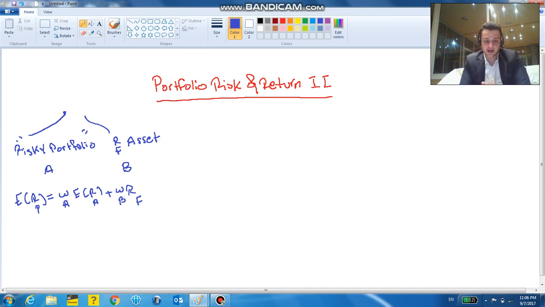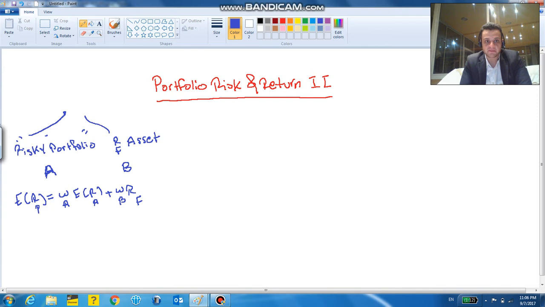For now, we're just assuming that each and every one of us has an optimal risky portfolio, let's call it A, and a risk-free asset, which is B.